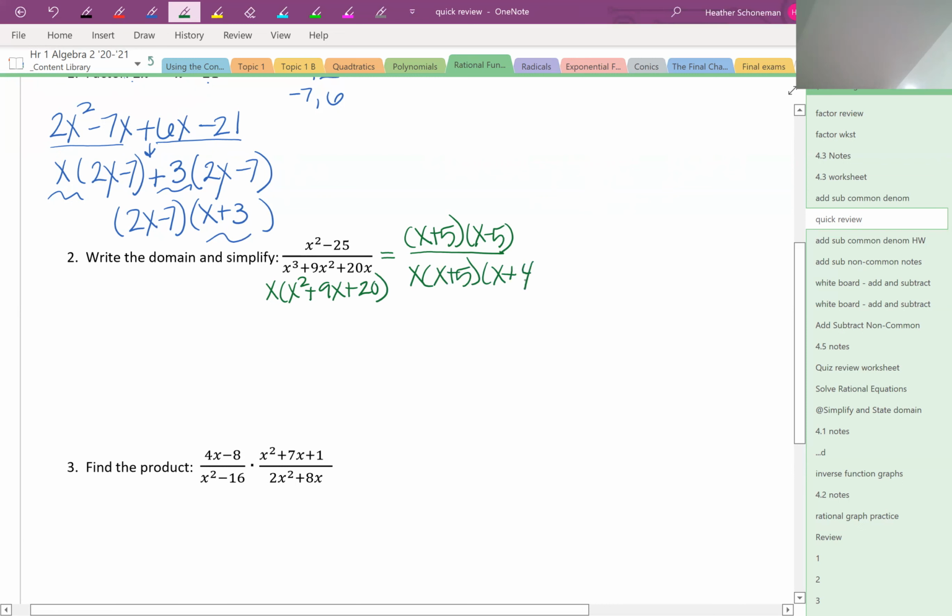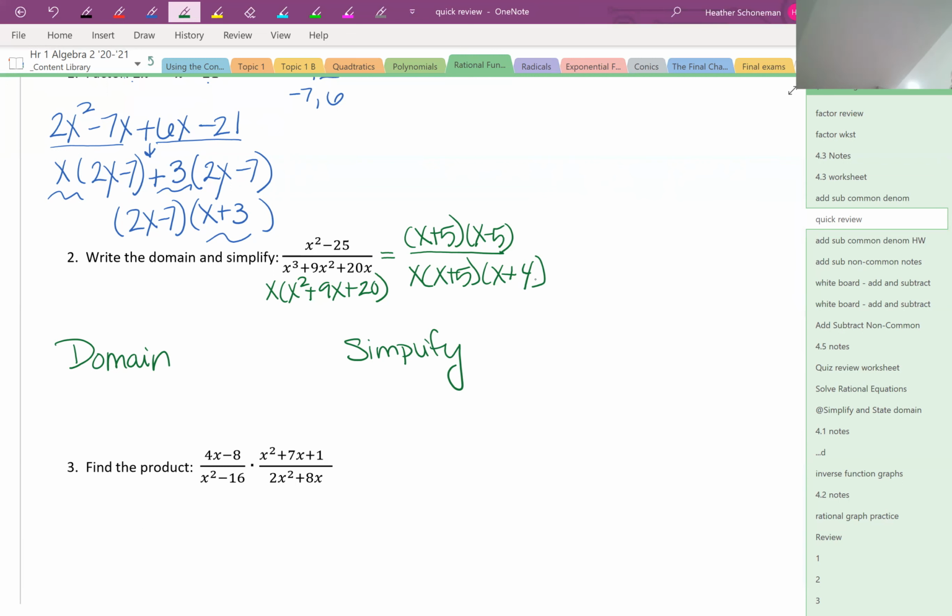Now there's two things that we have to do. First is the domain, and second is the simplified form. Okay? You have to do the domain before you simplify. The domain are all real numbers except what makes the denominator 0.